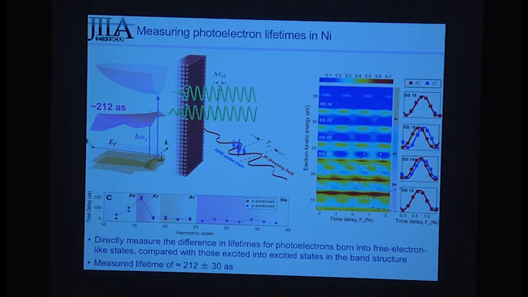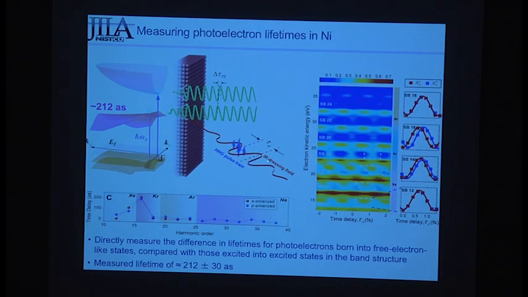How we do that is this quantum interference. If you just do photoemission, you don't know when the photoelectron came out. You can record its energy, but you don't know when it came out. But what we can do is shine a femtosecond laser on the surface of the material at the same time we shine our high harmonics.